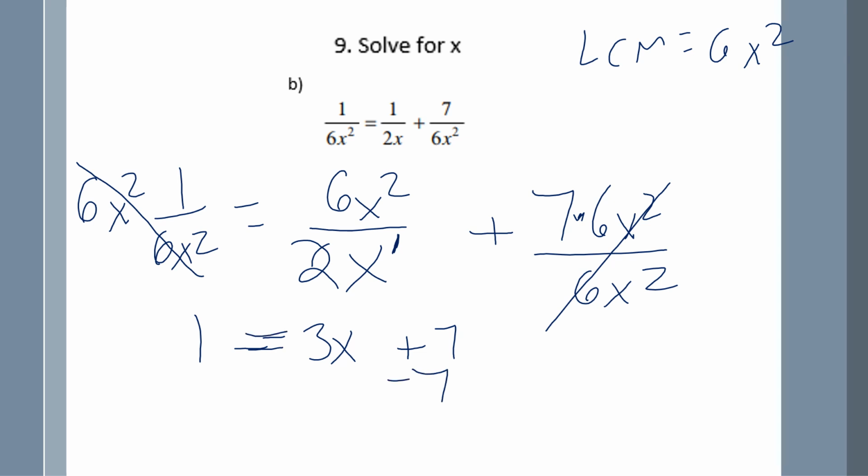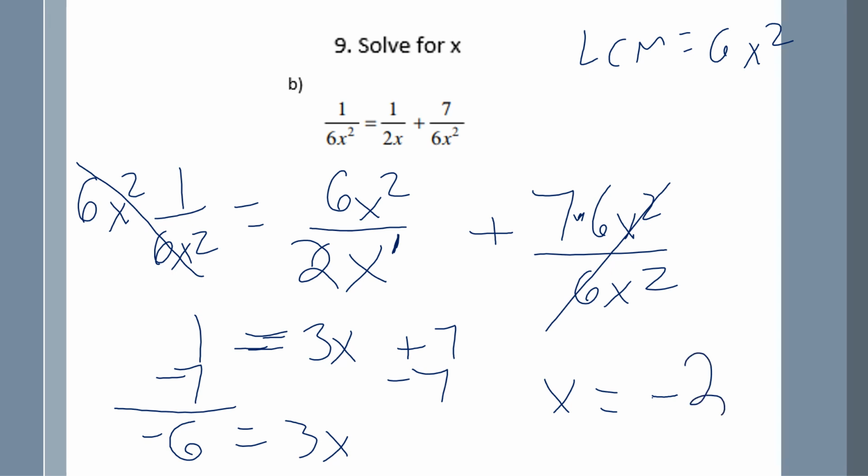Subtract 7 from both sides, and you get negative 6 divided by 3x. x equals negative 2. And that's essentially how you solve that problem.